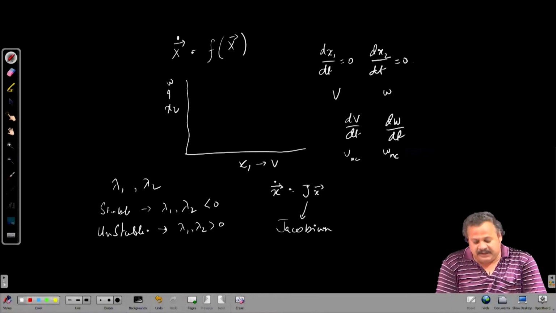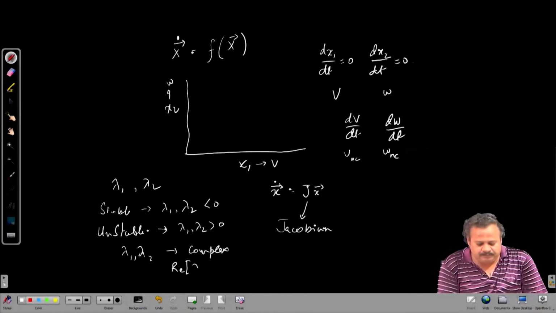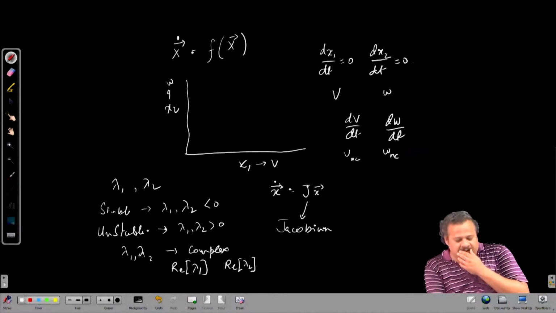There is another case of stable and unstable where lambda 1 and lambda 2 are complex. In the above two cases, lambda 1 and lambda 2 are real, but if they are complex, then the real part of lambda 1 and the real part of lambda 2 determine the stability.